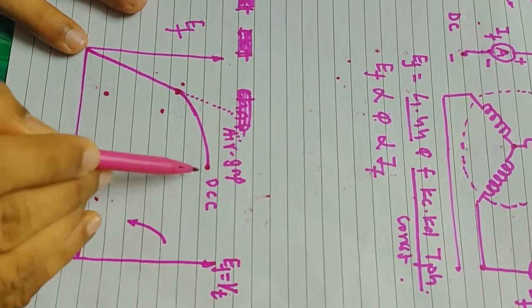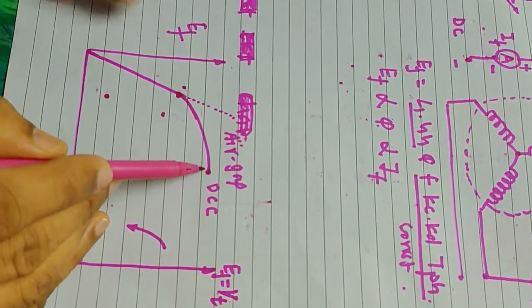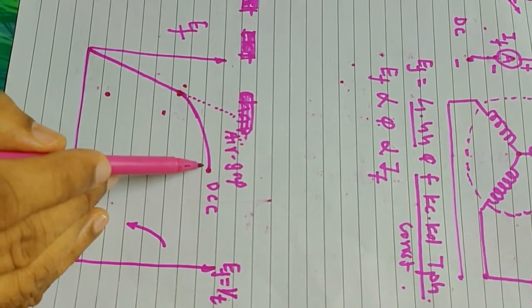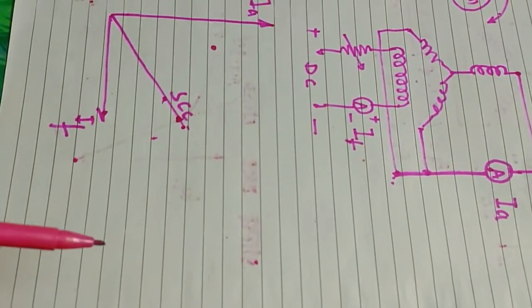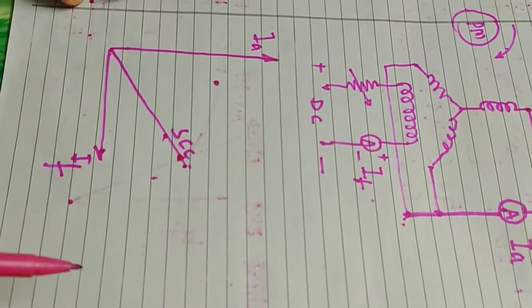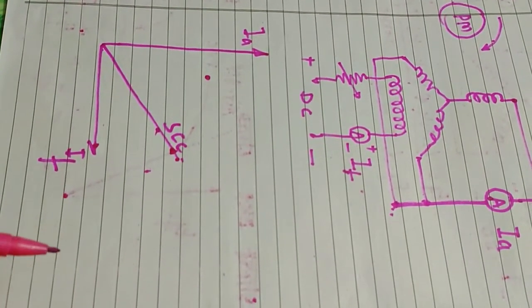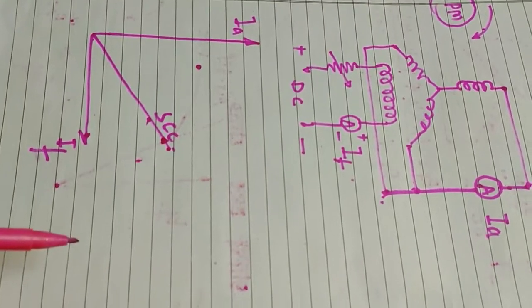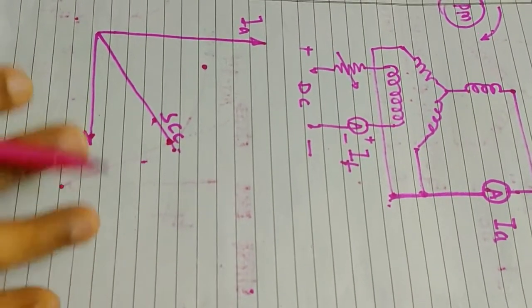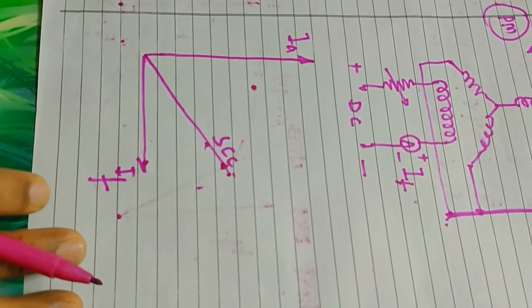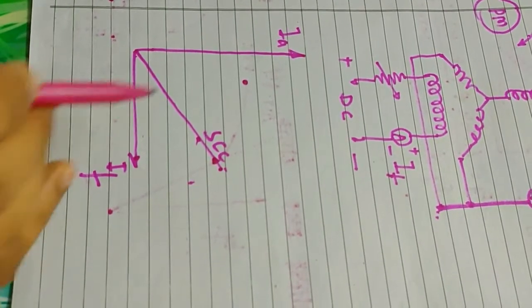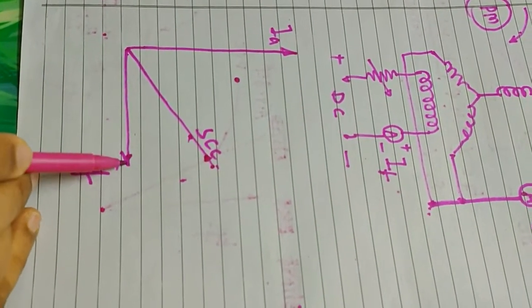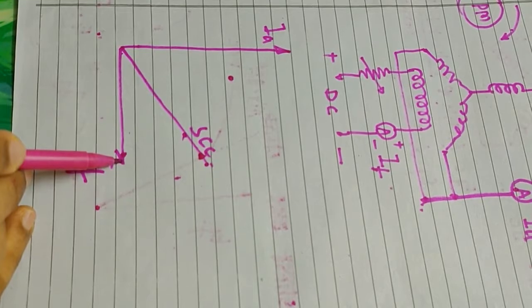So we cannot conduct the open circuit test beyond 125% of rated voltage. Similarly, we cannot conduct the short circuit test for very large current beyond 125% of the rated current, as there is overheating that may damage the armature winding. So this is the characteristic of the short circuit test.